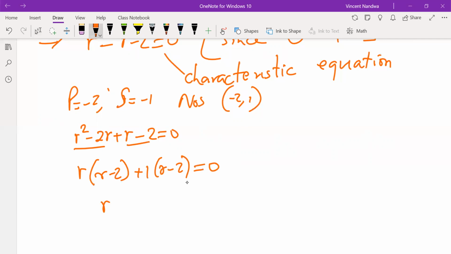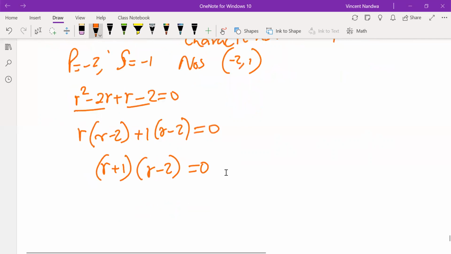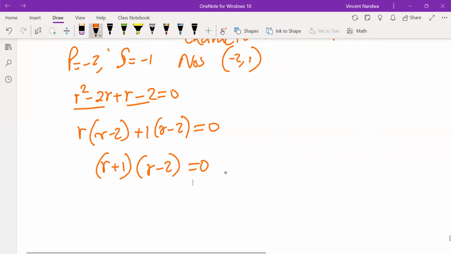So I'll have r plus 1 into r minus 2 equals 0, which means that r1 is minus 1 and r2 is 2.